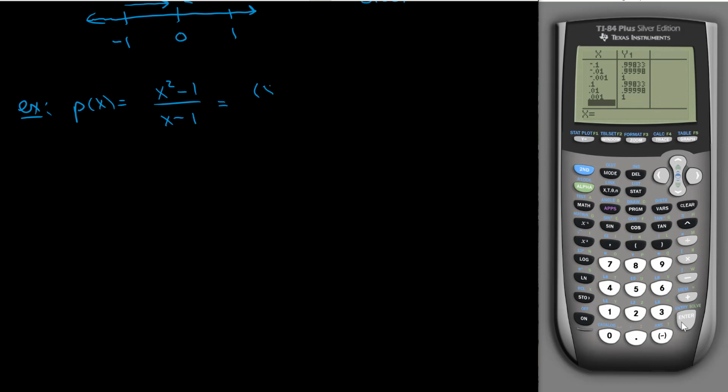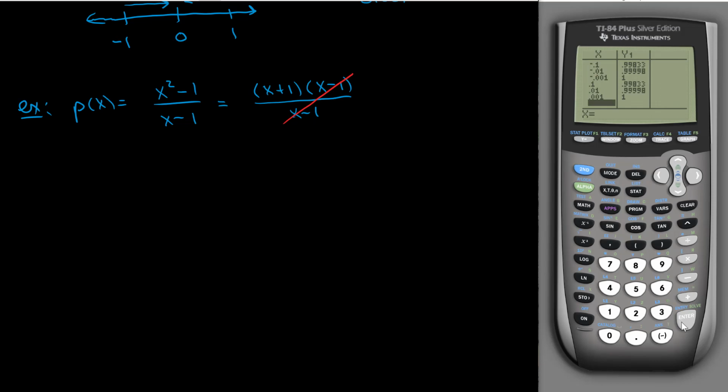This is actually x plus 1 times x minus 1 over x minus 1. This is a removable singularity, or in other words, if we wanted to, we could cancel the x minus 1's, leaving us with the function x plus 1.